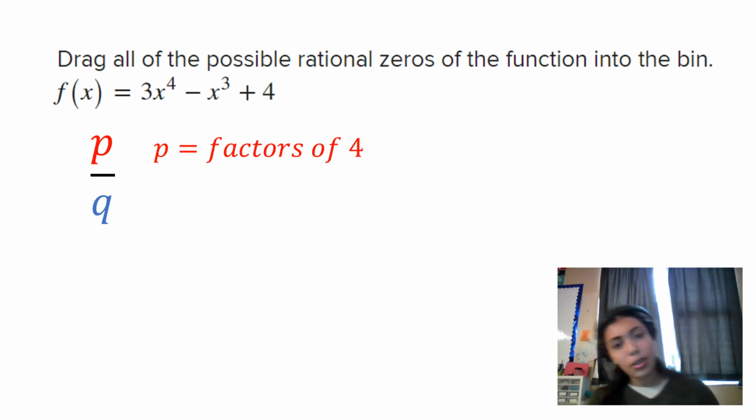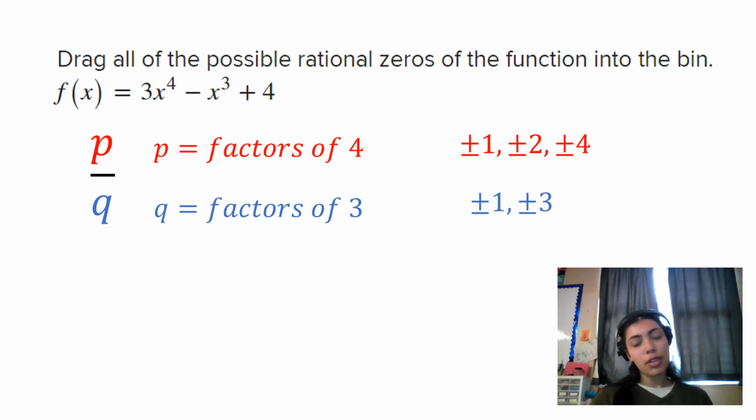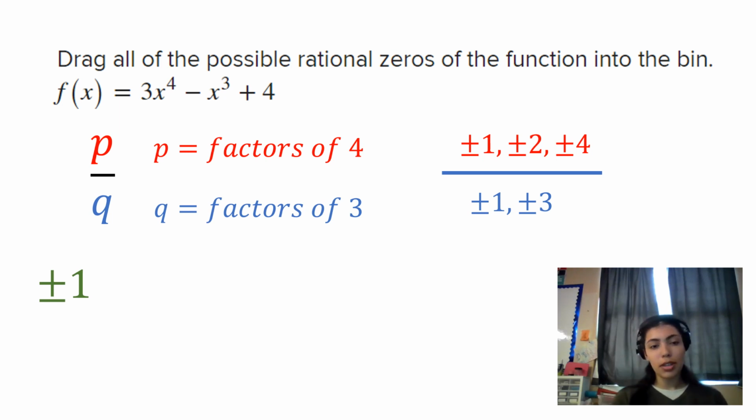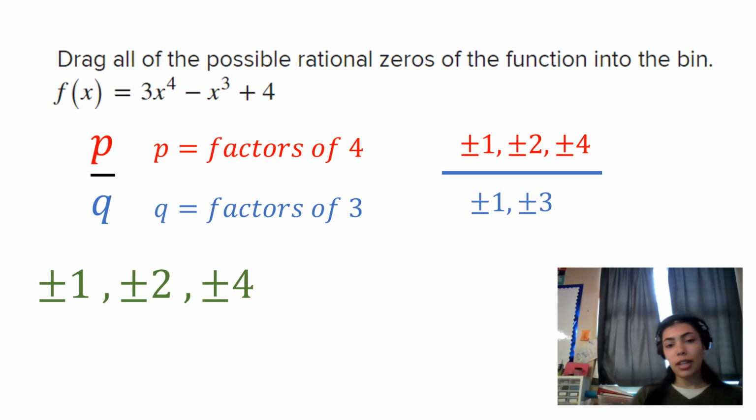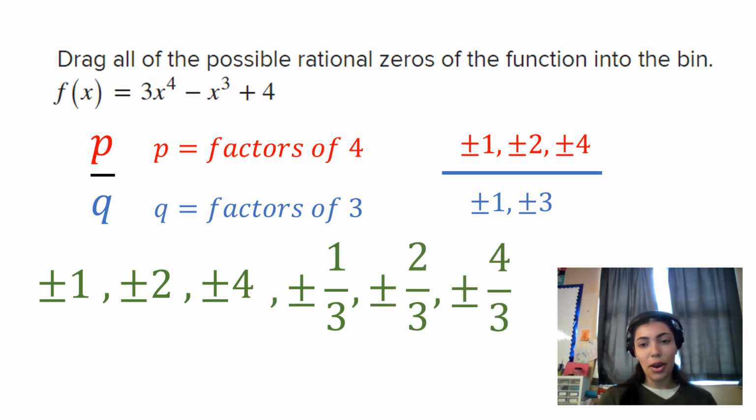You're going to do p over q for this part. So you find the factors of 4 for p, and the factors of 3 for q. Then you put it as p over q, and then you find their greatest common factors, and that's your answer.